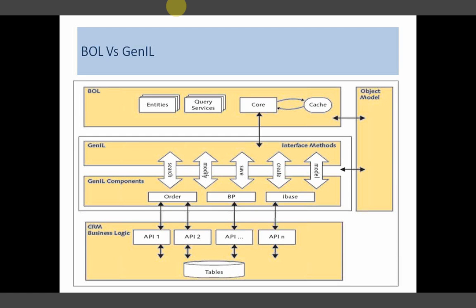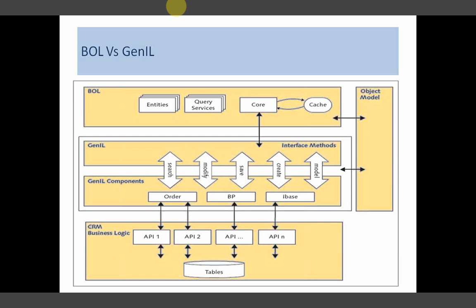So what type of process should go, that will be intimated by the BOL layer. You have to search for so and so order, modify so and so order, save so and so order, or create so and so. Now BOL will interact with GENIL interfaces. In the GENIL layer, we have interfaces and components.